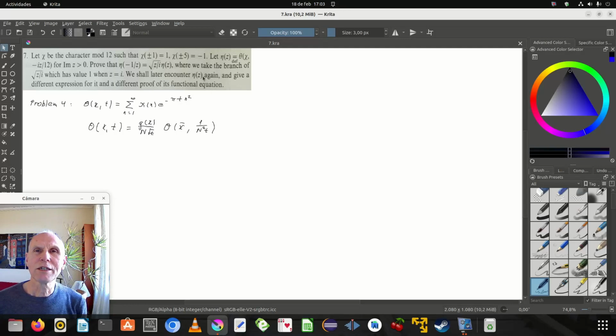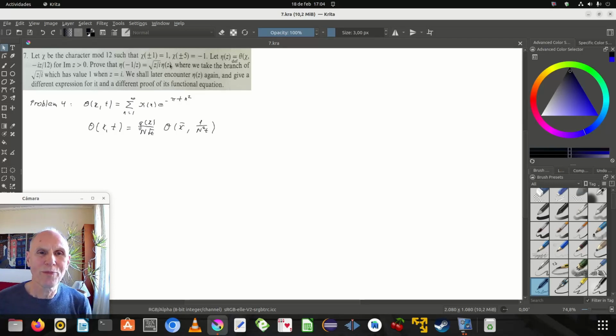I realized then that there must be some things about the characters I didn't know, particularly the word primitive. So you see, this is the primitive character of modulo 12. So one can make an extension of the character modulo 3 or modulo 4 and get other characters modulo 12. And I was using one of those.